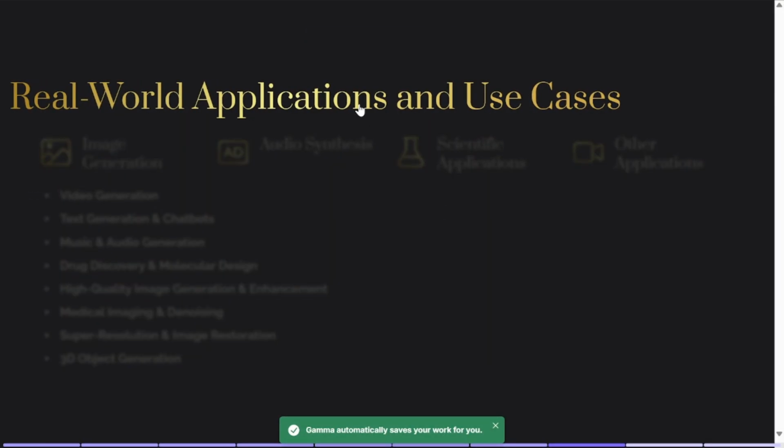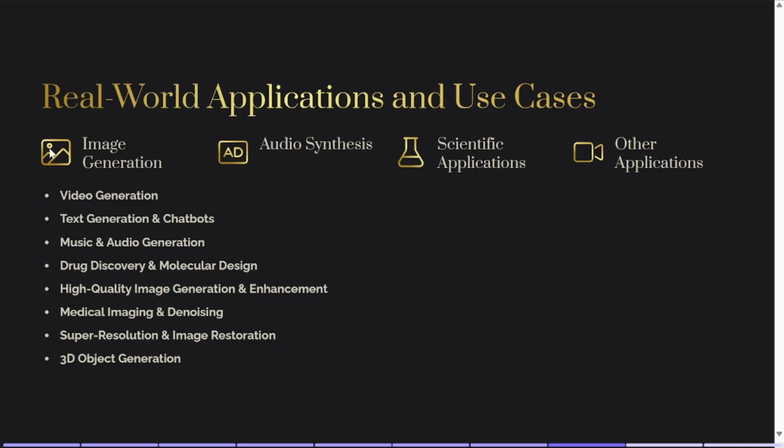After the discussion of the whole generative models, let's see the real world applications and use cases. They are widely used in image generation, audio synthesis, scientific applications, and other applications like video generation, text generation, and chatbot generation, music and audio generation, drug discovery and molecular design, high quality image generation and image enhancement, medical imaging and medical denoising, super resolution and image restoration, 3D object generation, and 3D object design.